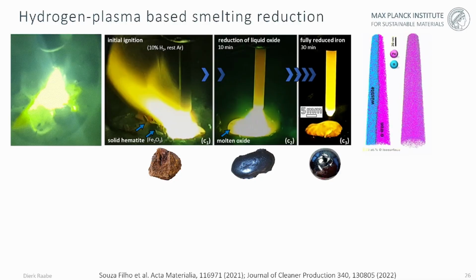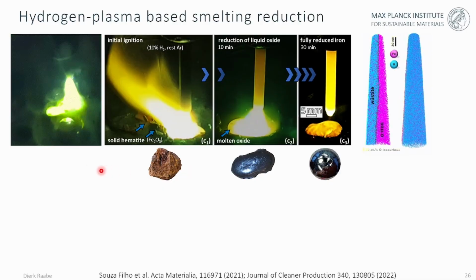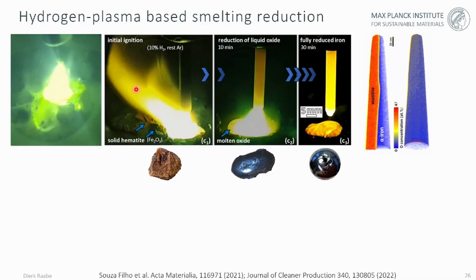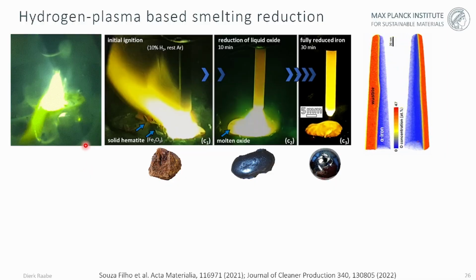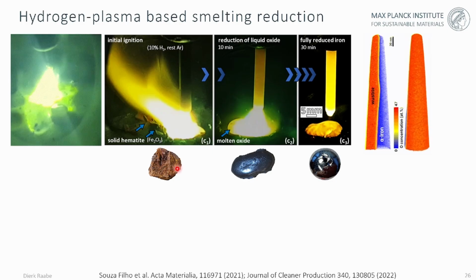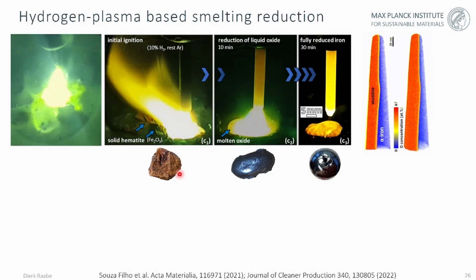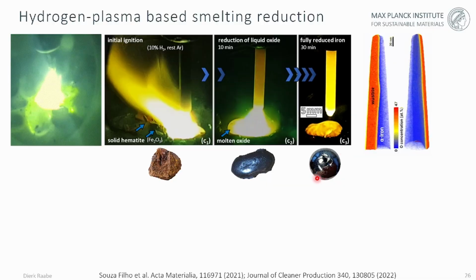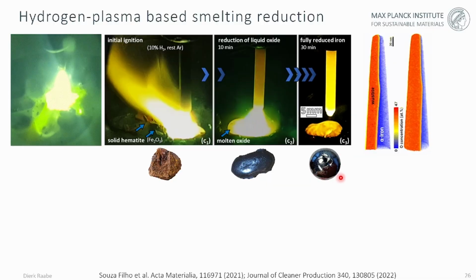So with that, I close this presentation and recap a little bit: with a plasma containing 10% or less hydrogen, we can reduce all kinds of liquid minerals and even industry waste products and extract metal from them in a very efficient manner, often in less than 10 or 15 minutes.